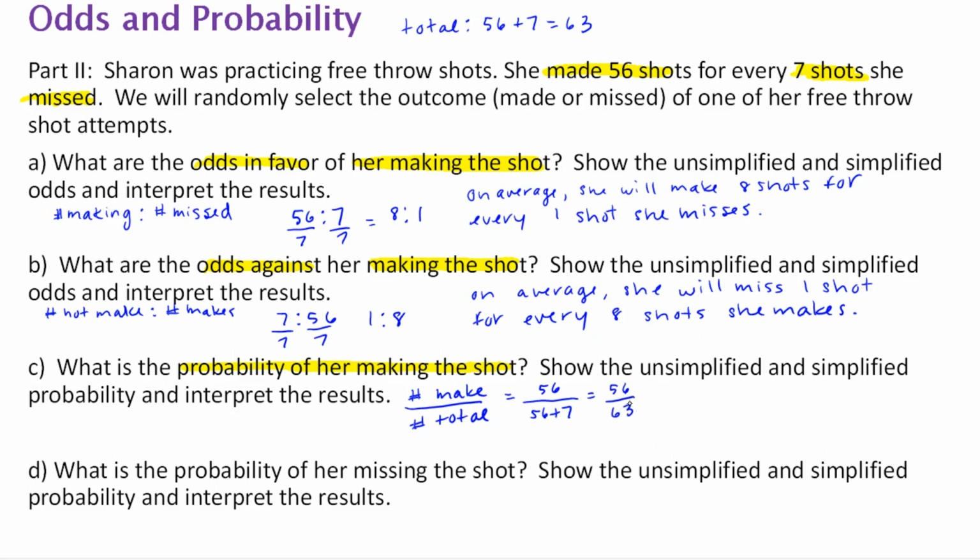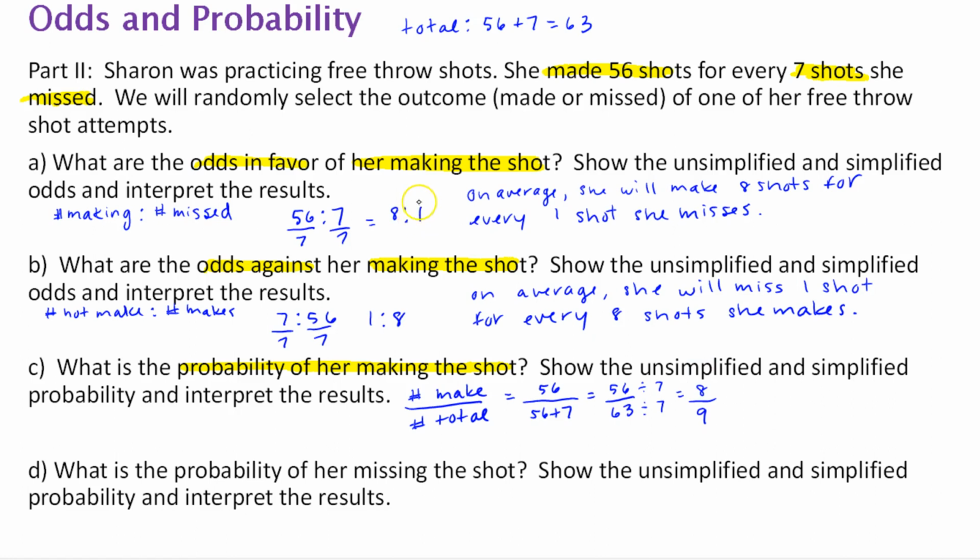Okay, now notice these are both divisible by 7. So we can simplify this fraction, and you're going to see a nice relationship between the odds soon. So if we divide by 7 on the top and bottom, we will get 8/9.